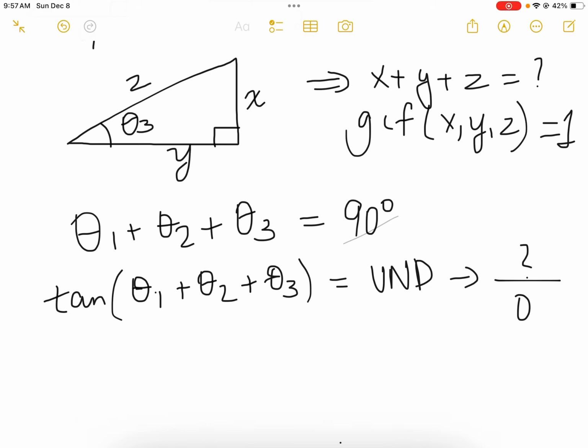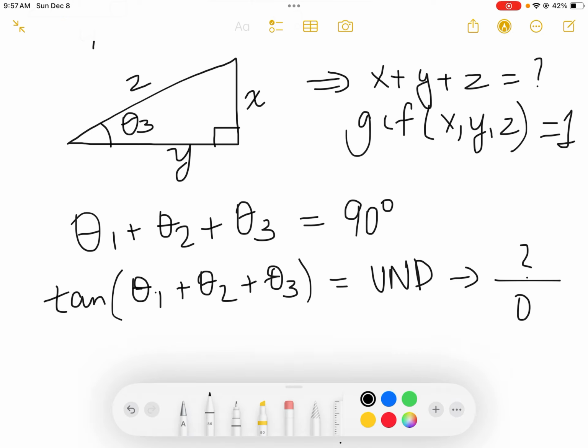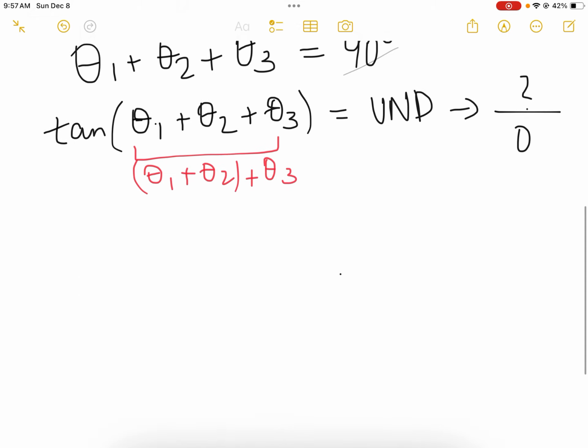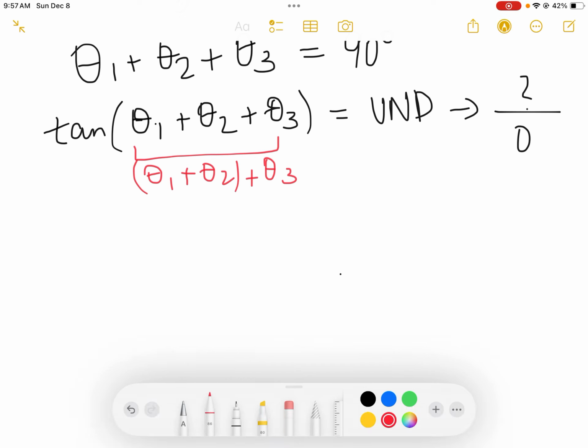So what I'm going to do is break theta 1 plus theta 2 plus theta 3 into theta 1 plus theta 2 as one quantity, and then theta 3 by itself. So what I can do then is write this side using the tangent addition formula for two angles.